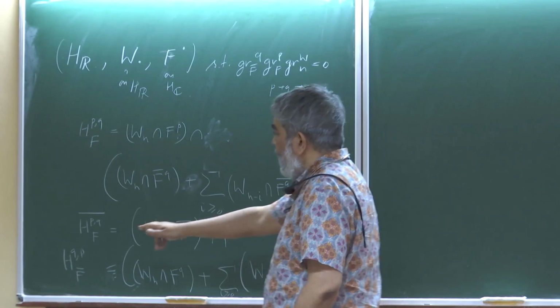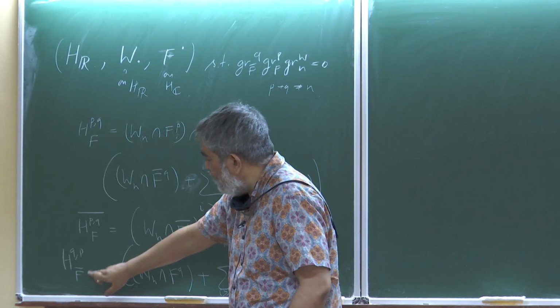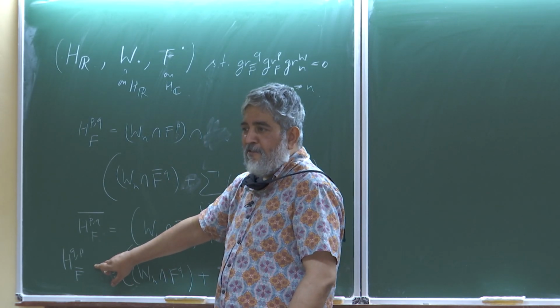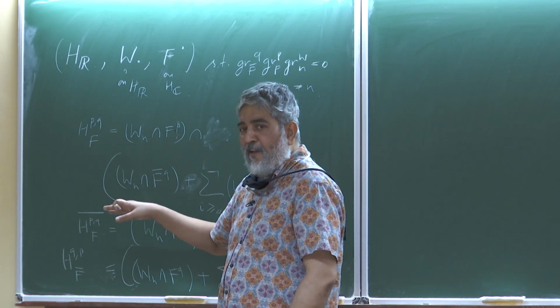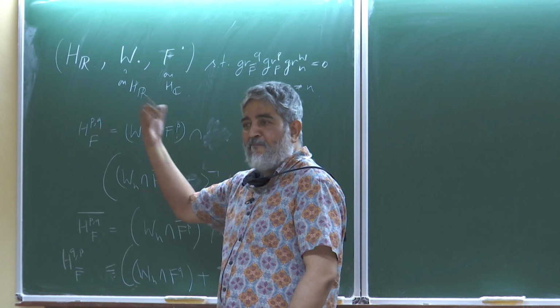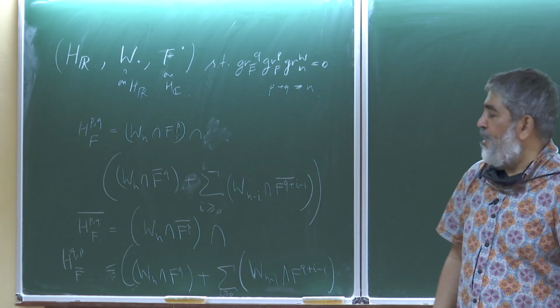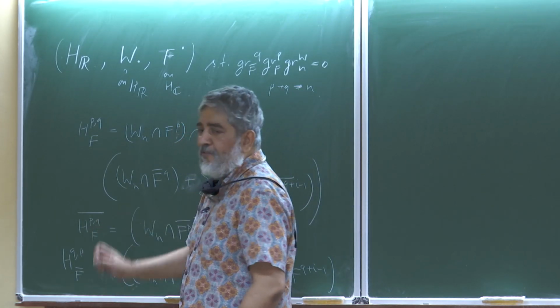But the point is that, unlike the case of pure Hodge structures, where this is true without the bar and without changing the subscript, here the subscript changes. So H^{p,q} bar is not H^{p,q} for F bar, but H^{q,p} for F bar. F bar is not F. In general this term is not equal to the same thing with the bar.